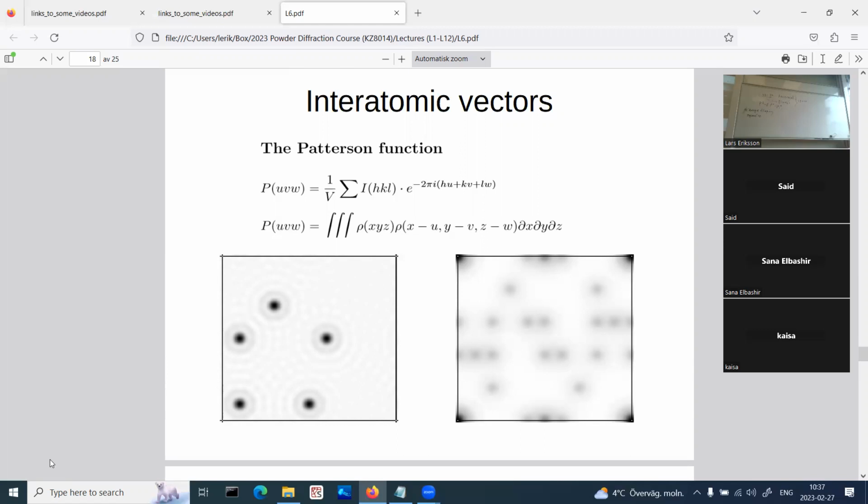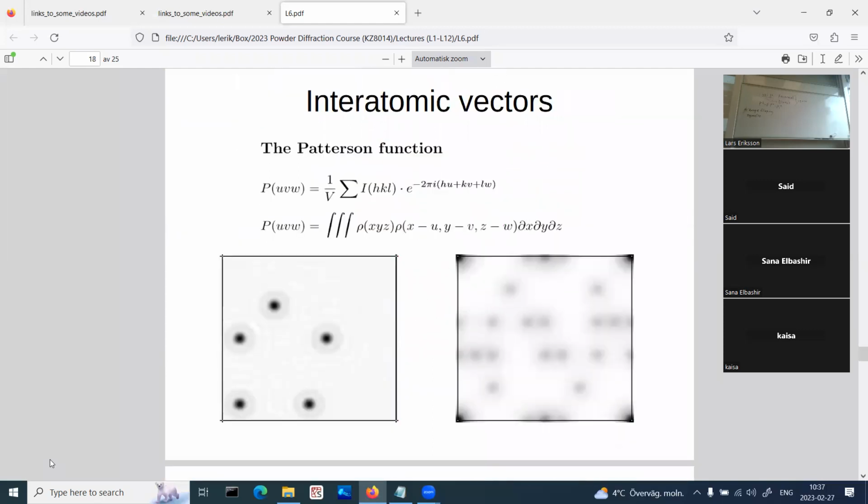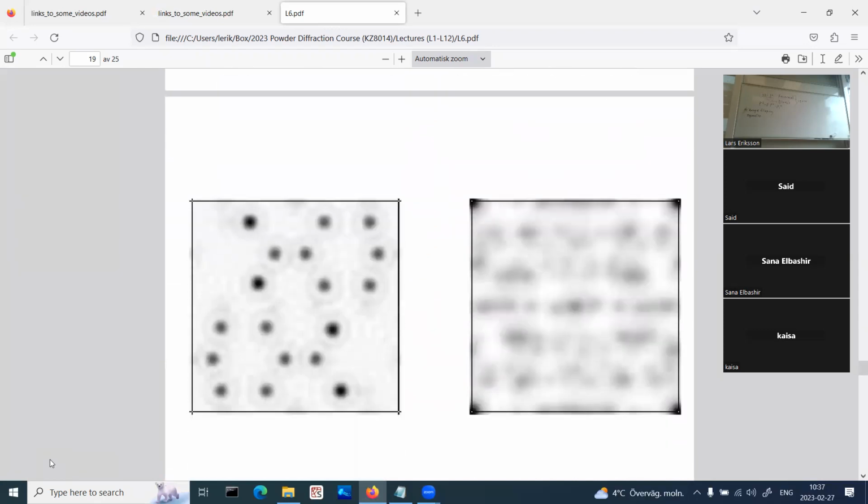So this is a map of interatomic vectors, and this is a map of positions. This can be derived from diffraction data. If you have a lot of heavy atoms, and the Patterson map is crowded, then it's perhaps still possible.